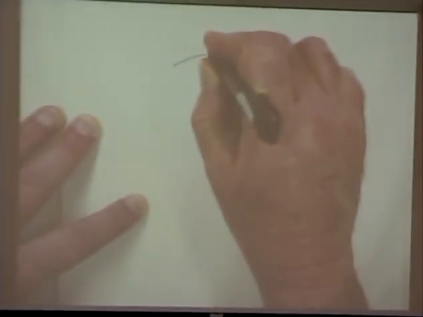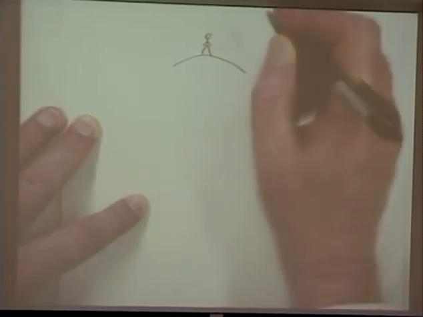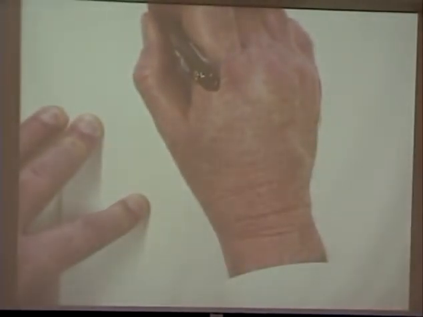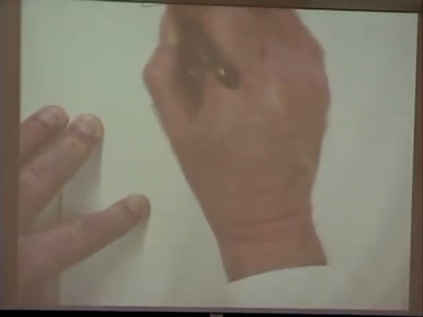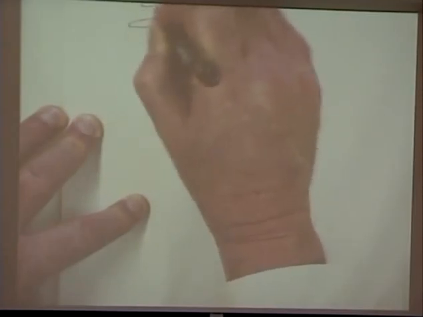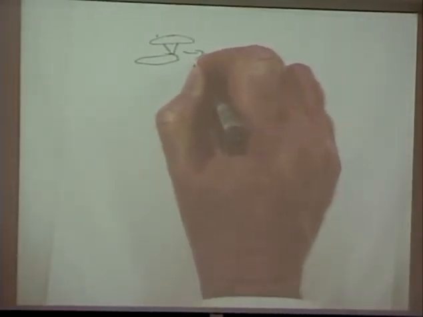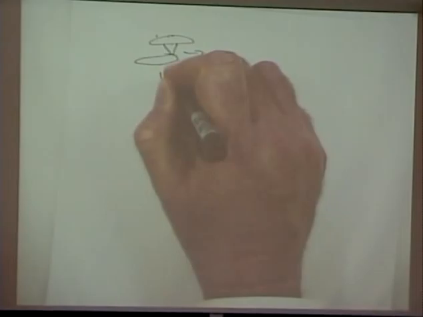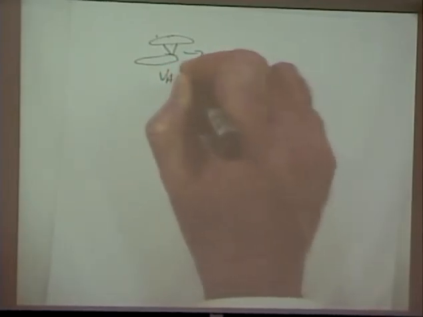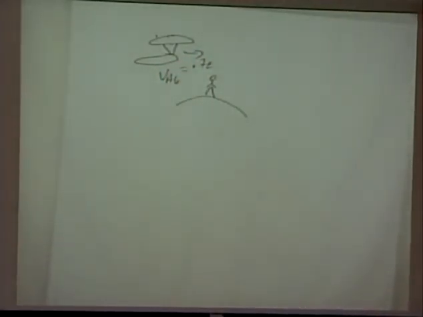Gonna have my little guy on the ground again. All right, and I've got my Starship Enterprise here, going at 0.7 c. So the velocity of A in relation to the ground equals positive 0.7 c. That's how fast it's going.